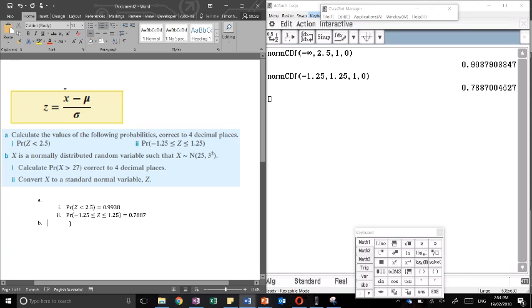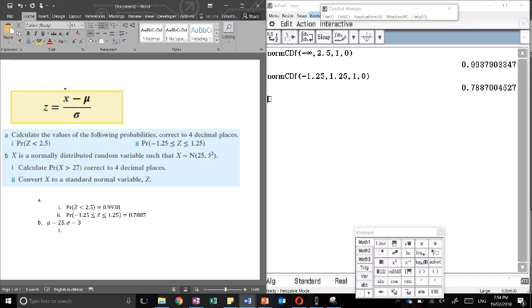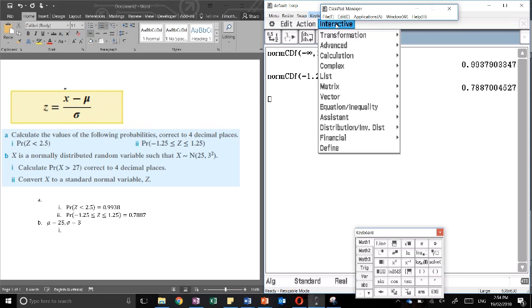So that means you have a mean of 25 and then a variance. Well, we need standard deviation, so let's just type it in straight away. Because our variance is 3 squared, our standard deviation will be 3. Okay, calculate the probability of X greater than 27, correct to 4 decimal places.